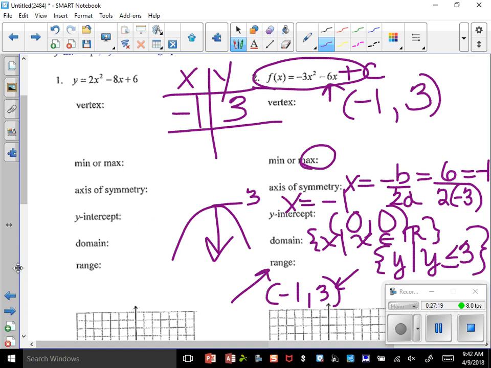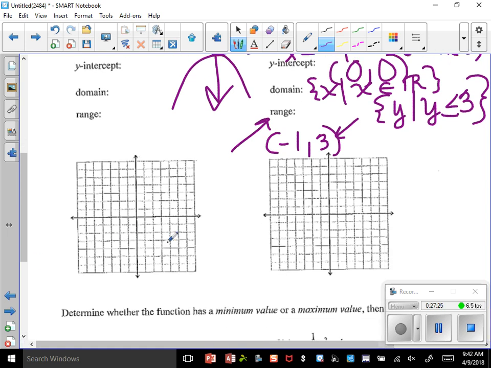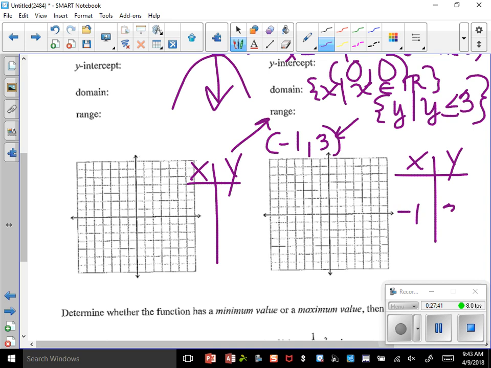Now for this part down here, where you actually have to graph, this is what I'm going to ask you to do whenever you have to graph a parabola. You'll make a t-table. You'll put the vertex in the middle and circle it.